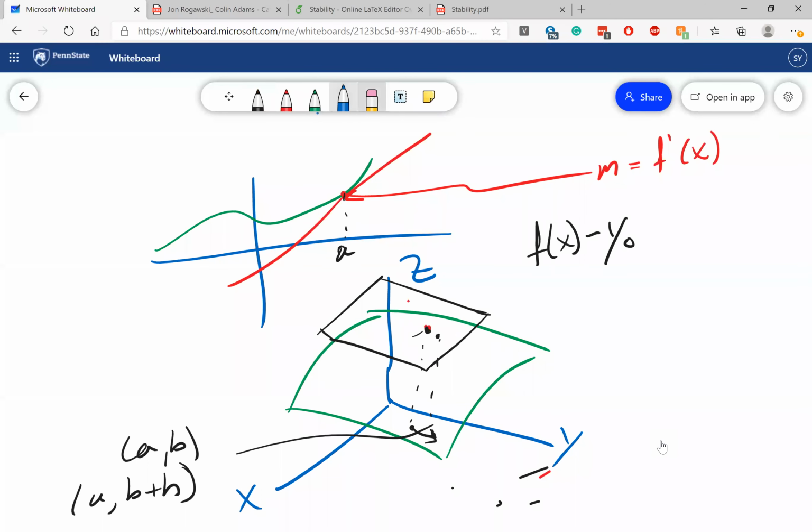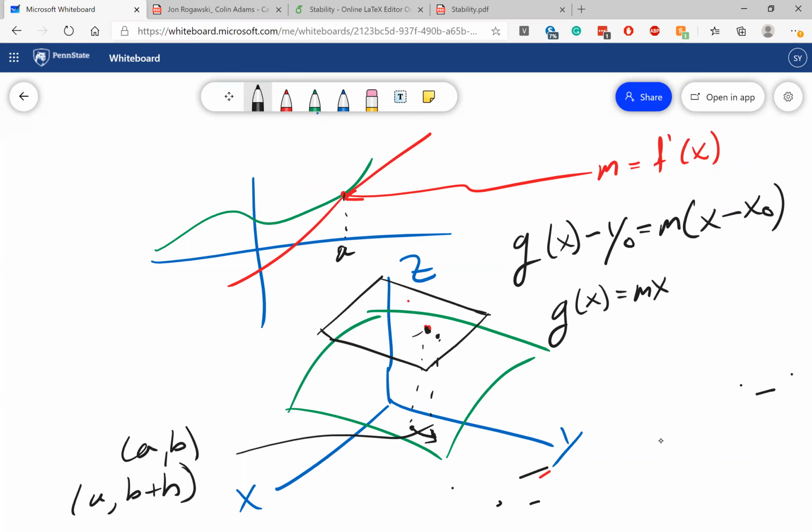Not f of x, the line, let's say g of x, is going to be equal to m of x minus x0. And that would be this line. And so then we can say that the line is going to be equal to mx minus mx0 plus y0.